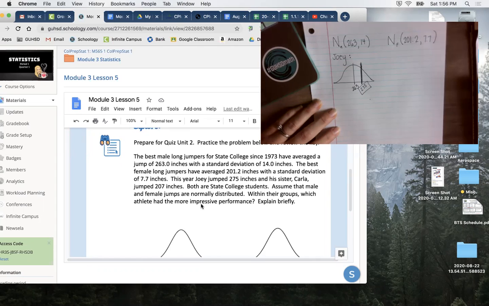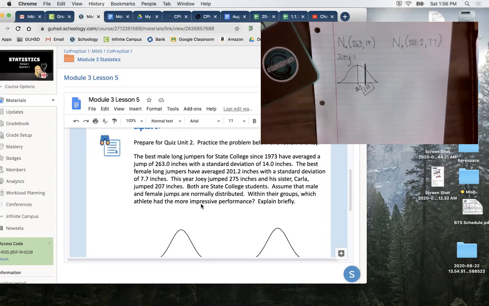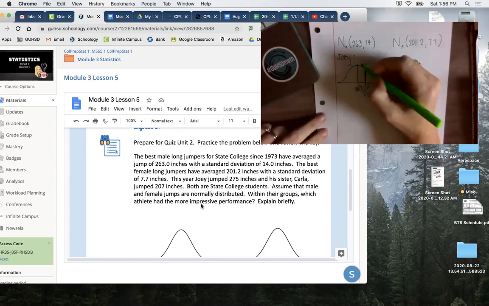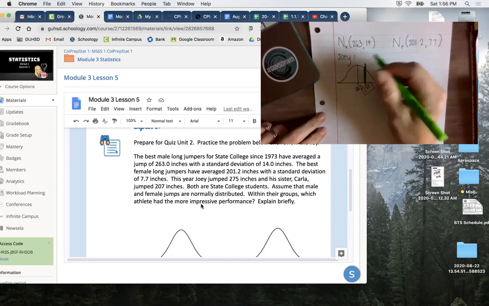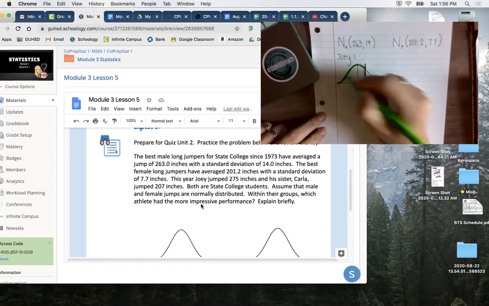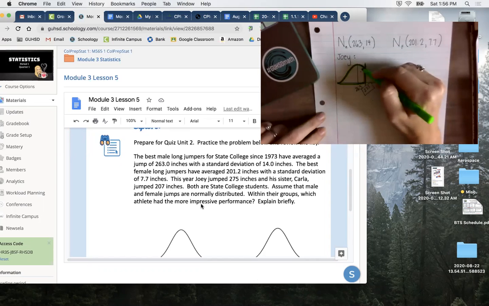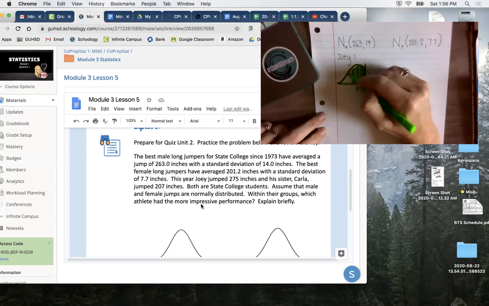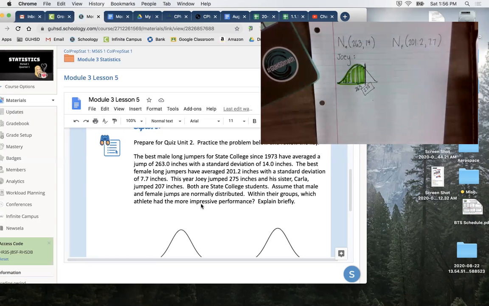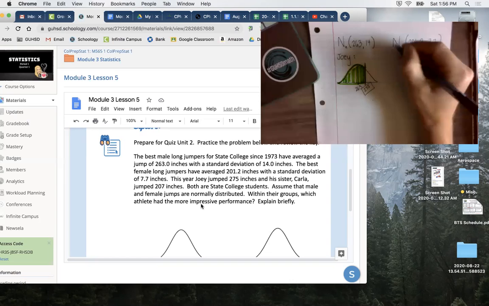I'm going to calculate a z-score in a second, but I'm also going to look at, just for the purposes of giving you a little more review, what percentile he's in, which means the area to the left. Like what percentile his jumps were compared to everybody else. Okay, then we have Carla.